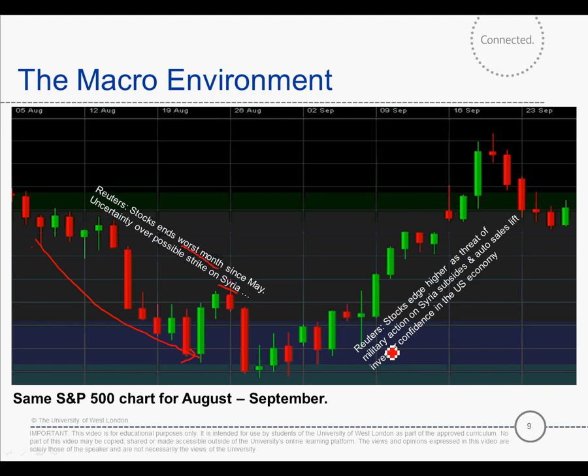Now, when Congress retreated on approving military action in Syria, and the market saw that military action in Syria may not happen, and also combined with the fact that car sales in the U.S. actually went up, this drove the S&P 500 up again.